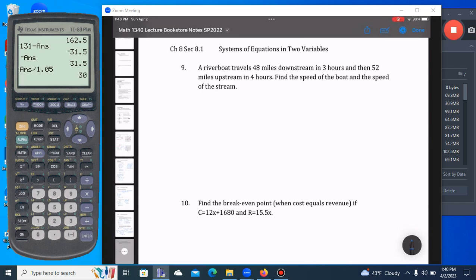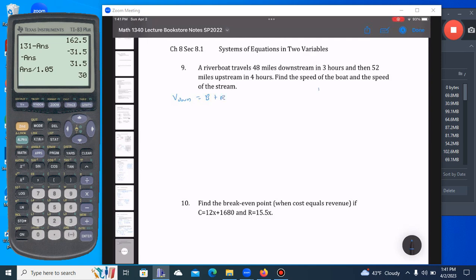The way this works, this is the same thing when we have planes traveling with air wind speed, is that your velocity going downstream, we use v for velocity, is going to be equal to the boat speed. I'm going to use b for boat speed plus the water speed, river speed. I'll use r for river speed.